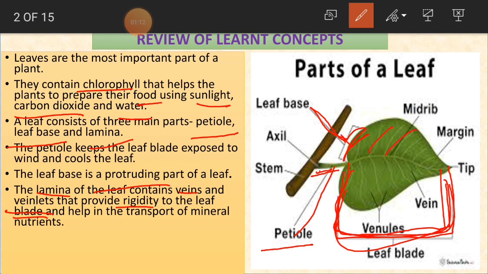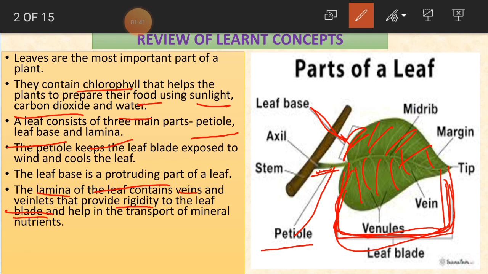You can see here the small lines. Okay, these are nothing but the lamina. And the lamina of the leaf contains veins and veinlets. And what do these veins do? They help transport the minerals and nutrients. We already learned, children, these veins help the plant in the supply of nutrients and minerals.